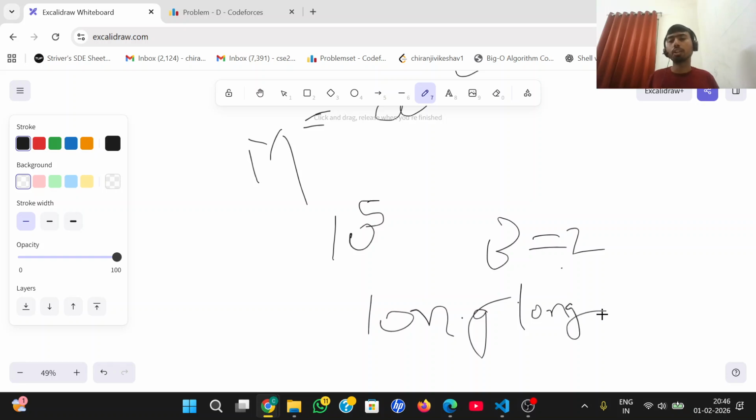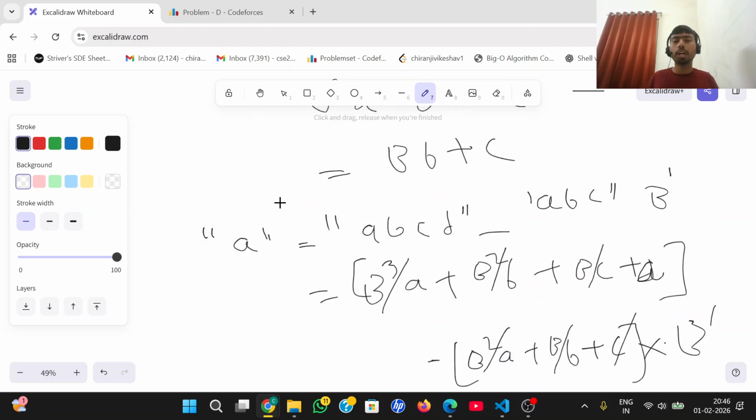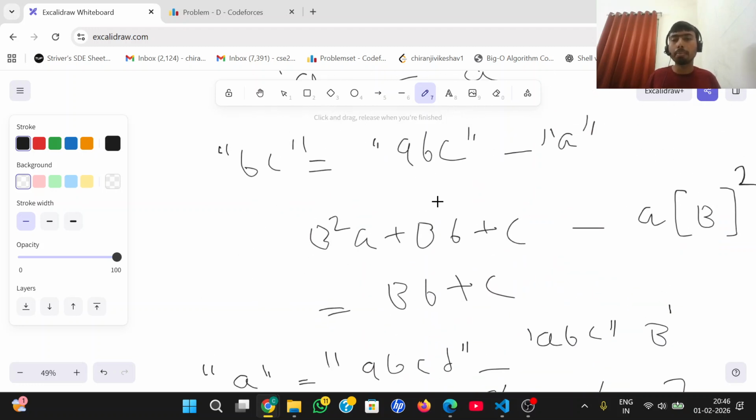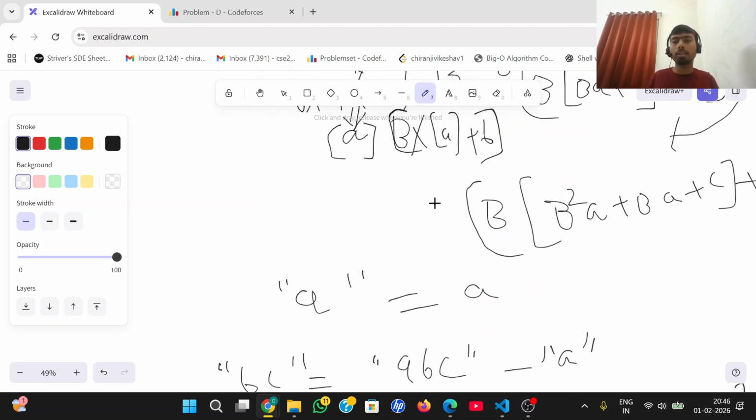So here you need to do the modulus operation. That's why you have to apply modulus on every calculation.